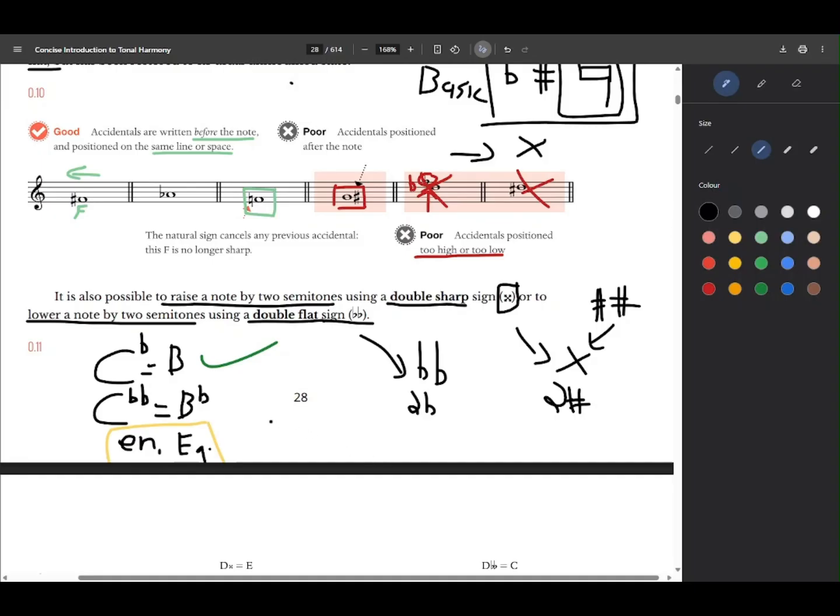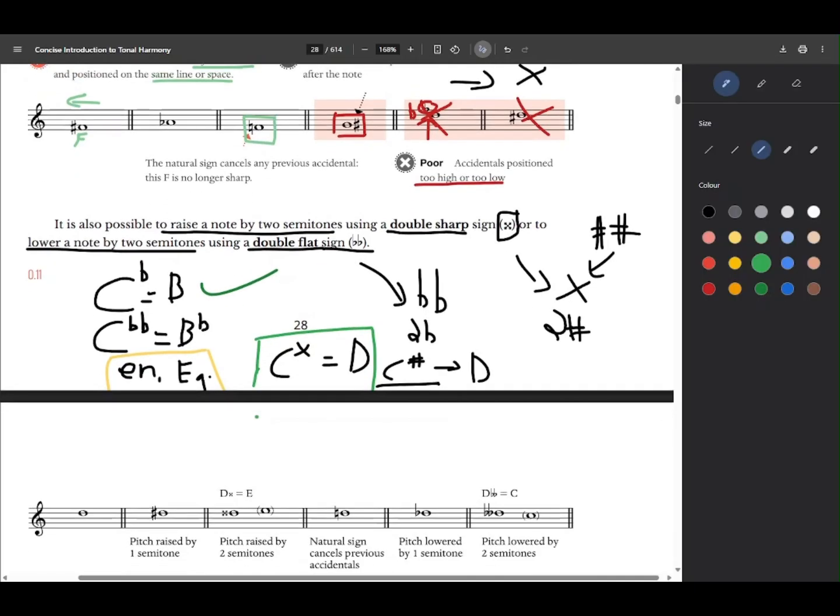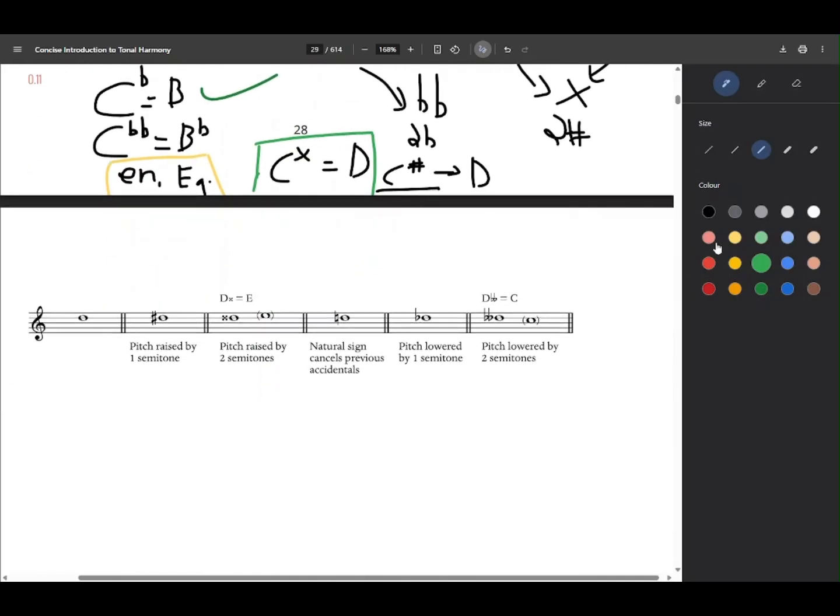We'll do a lot of work with enharmonic equivalence and getting familiar with that. Likewise, if I'm on C double sharp, well, we know that C sharp is just a C sharp. What if we sharpen that again? Well, a semitone above C sharp, we're going to get a D. So C double sharp is our D. Here we just get a little diagram.